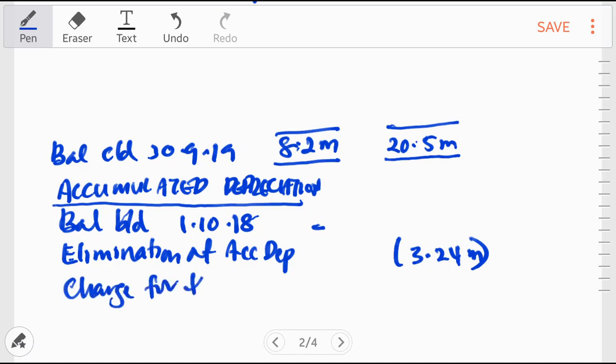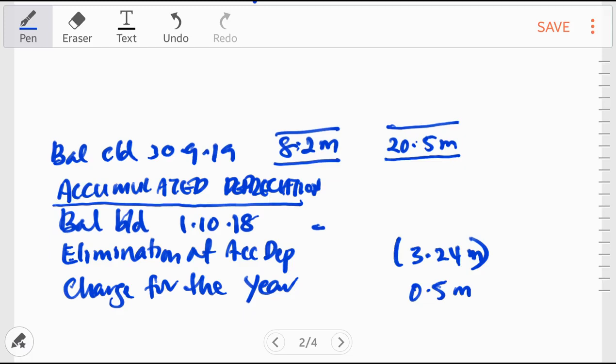Charge for the year. We already calculated that based on the fair value divided by the remaining useful life, and that was 500,000. So I put here 0.5 million, debit depreciation, credit accumulated depreciation. That's why you have it here.